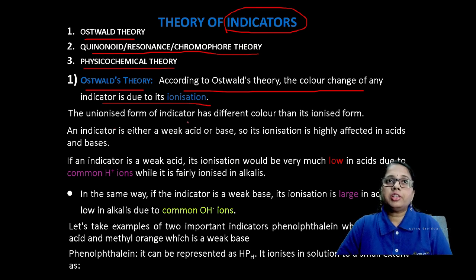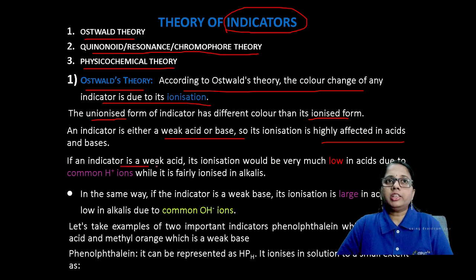The unionized form of the indicator has a different color than its ionized form. We know that an indicator is also ionized in the acidic range or basic range; in unionized form it has one color, and in ionized state it has a different color. An indicator is either a weak acid or a weak base, so its ionization is highly affected in acids and bases.